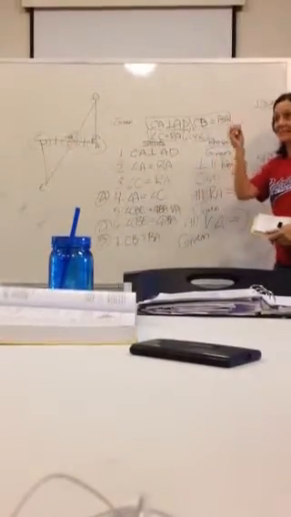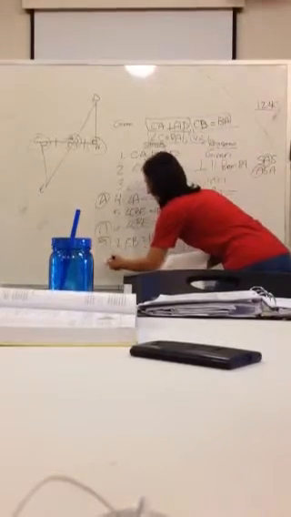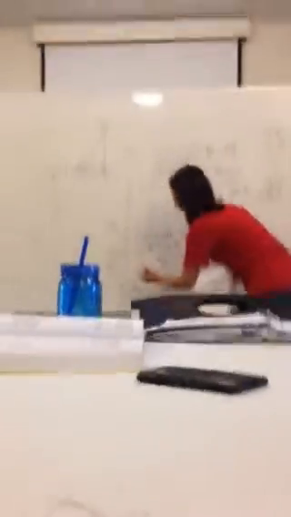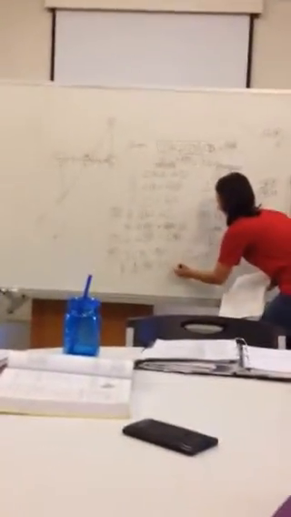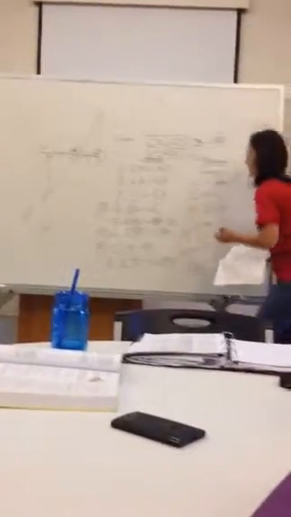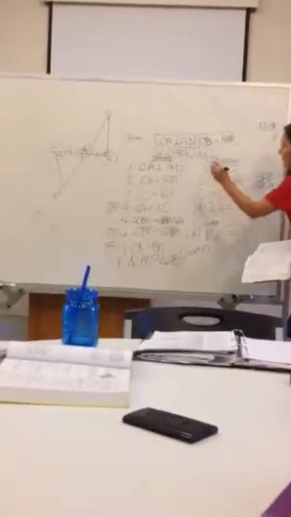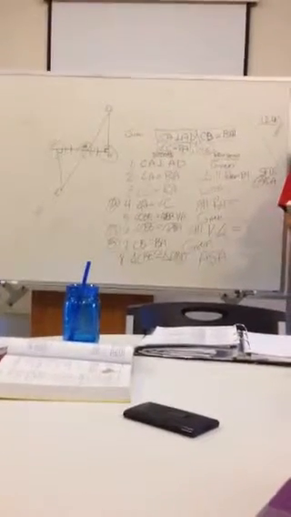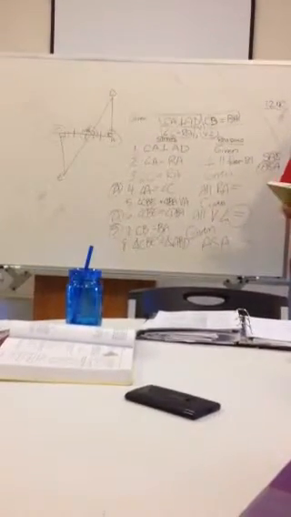Do you see that? Can I apply it correctly? Triangle CBE is congruent to triangle, we've got to go ABD. ABD. Why? Angle, side, angle. You follow that?